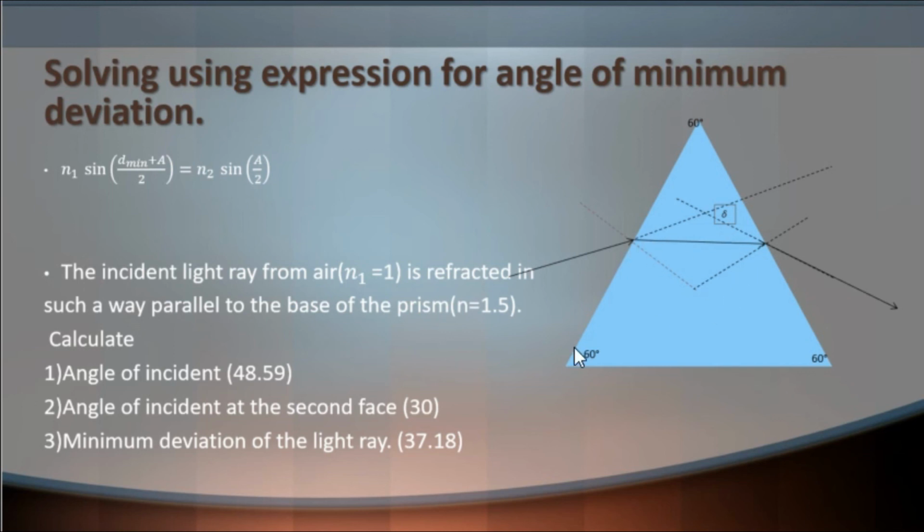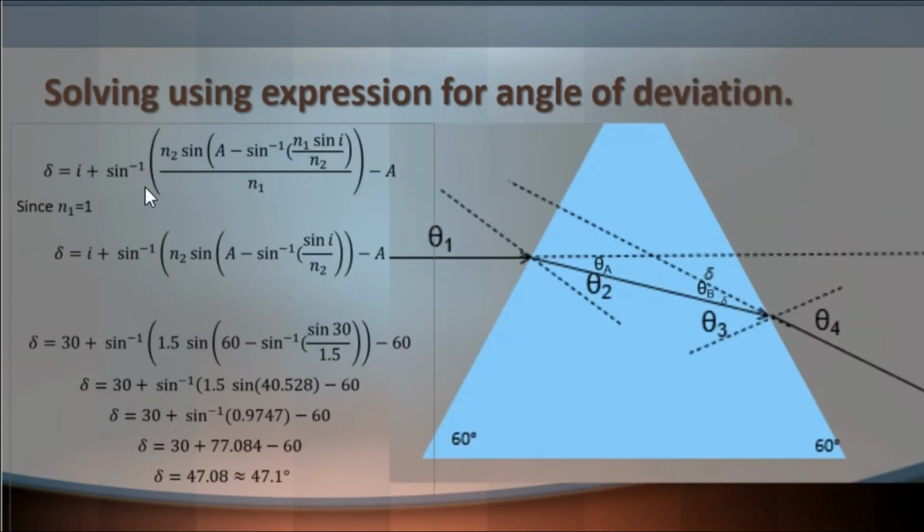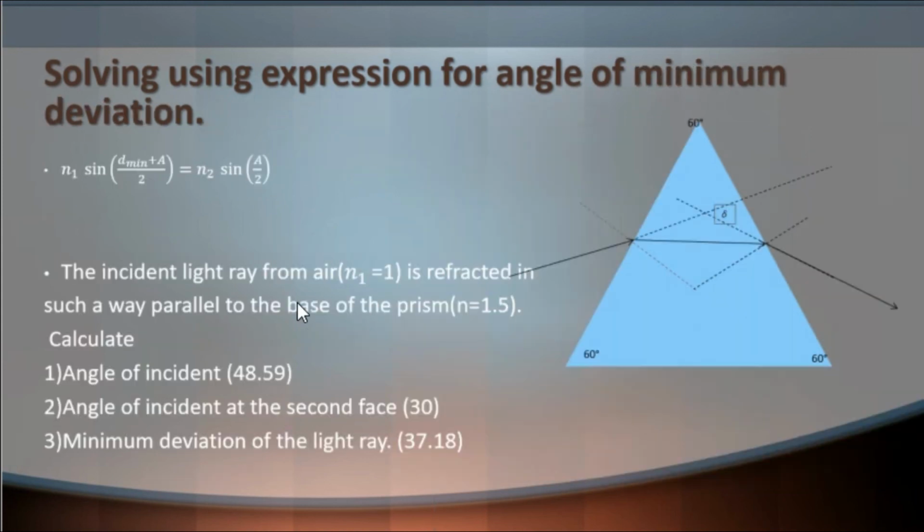So that's that. To find the deviation of the light ray, we can use this formula and this formula, but I prefer you to use this formula. You can also use the exterior angle theorem to find the minimum deviation of the light ray. You can still get the same answer of 37.11 degrees.